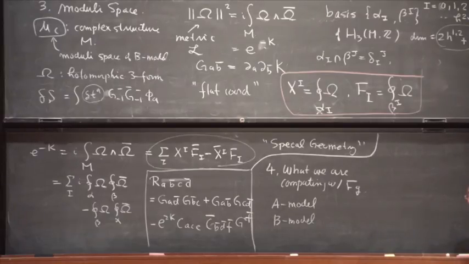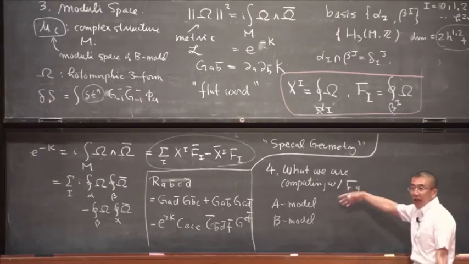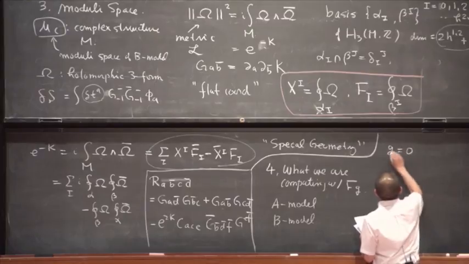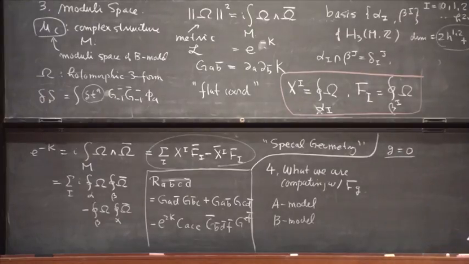And there have been several works on answering this type of question. So in the case of g equals 0, I told you that I'm going to give you some references. This is one of them.